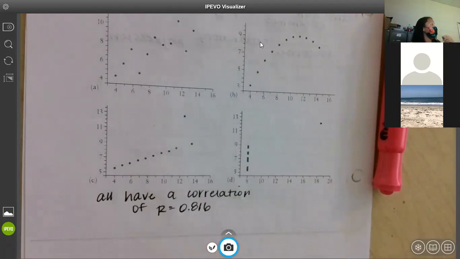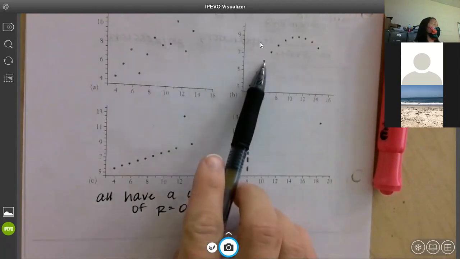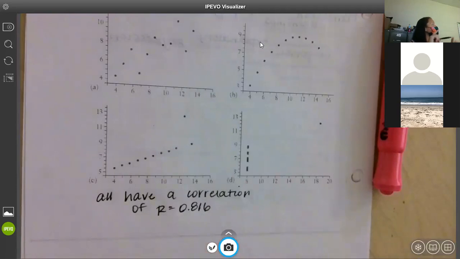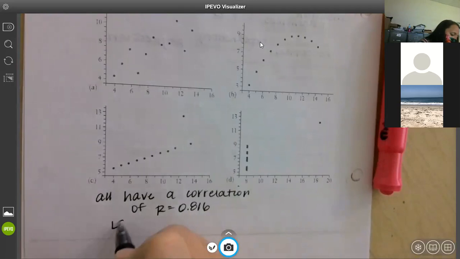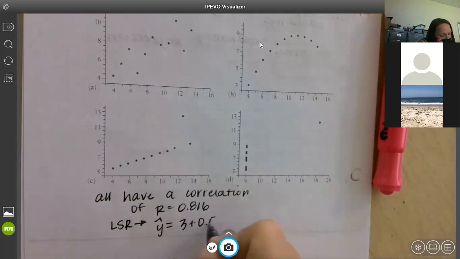The variation could be accounted for, but if this is your residual plot, is this a good fit? It'll be vice versa of our last example. We'd have a lot of variation accounted for, but the LSRL may not be a good fit. So it just depends on what they give you to look at. You've got to look at the data. So the LSRL for all of them would have been y hat equals 3 plus 0.5x.